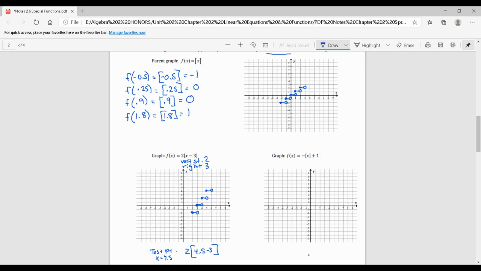That would round down to 1, so I would get 2 times 1, which is 2. So when x is 4.5, here's 4.5, and I plotted at 2. Bingo, there it is. So you can always do a test point to see if it's correct. You try graphing this next one. Think about the transformations and then use those transformations with the parent graph above.